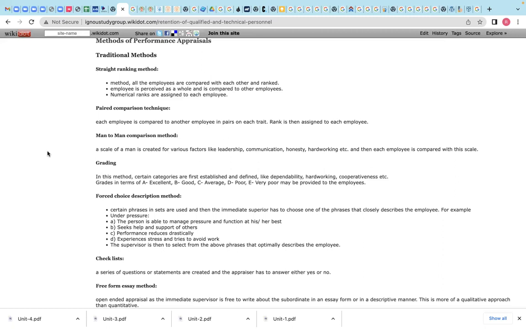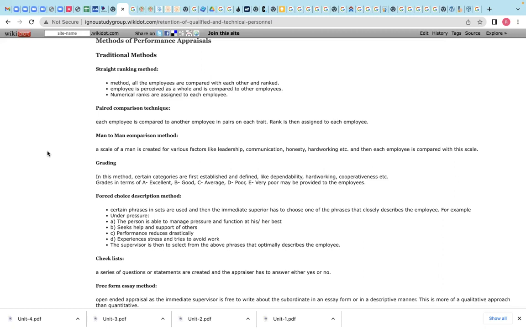The scale could be related to leadership, communication, honesty, everything, but you are comparing against the scale. Next is grading. You put grades and categorize, just like any other grade: excellent, good, average, etc. So instead of ranking, you're grading it.